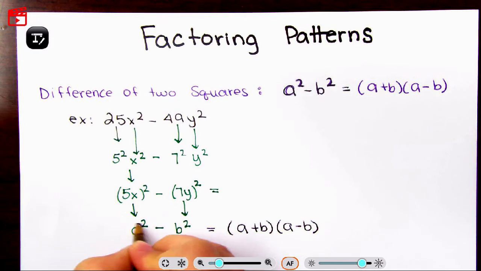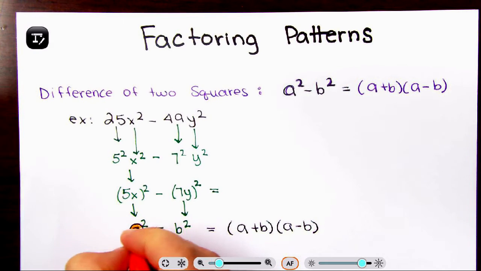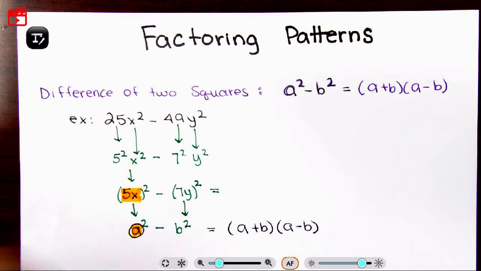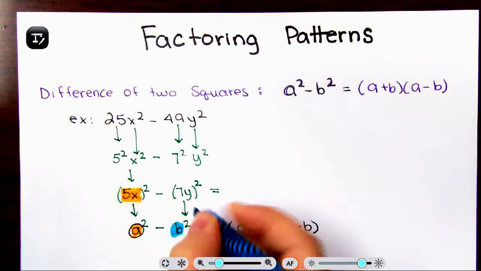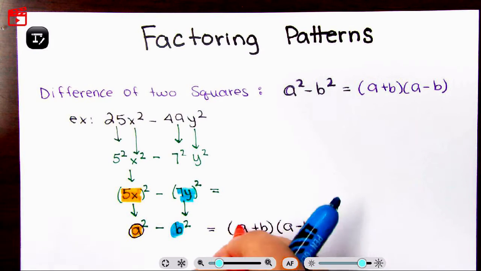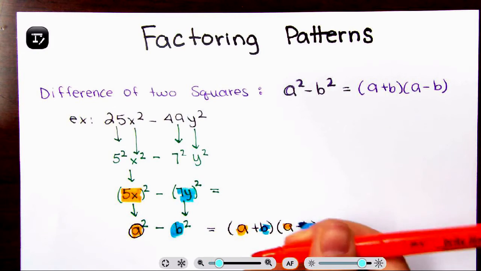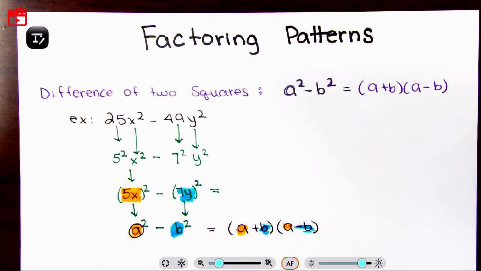So this is your a. This is your b. And so you're doing a plus b times a minus b. That minus is super important.